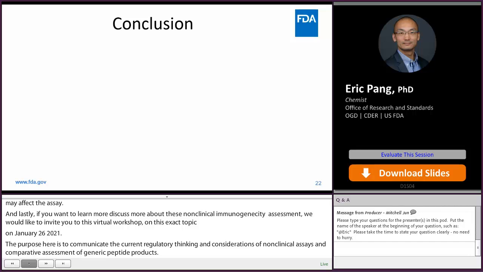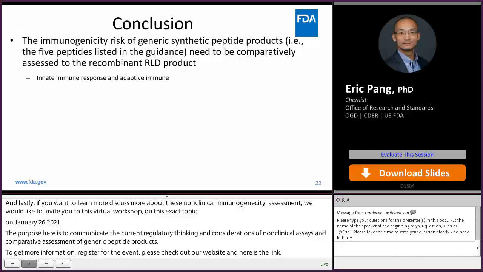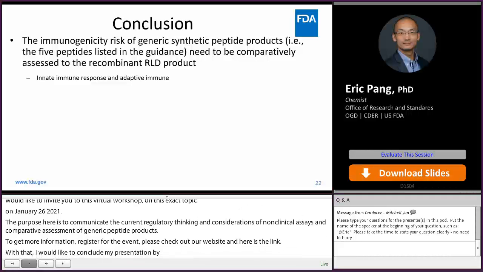With that, I would like to conclude my presentation by saying that the immunogenicity risks of the generic synthetic peptide product, especially those five listed in the guidance, need to be comparatively assessed to the recombinant RLD product, and this will include both the innate immune response and adaptive immune response.